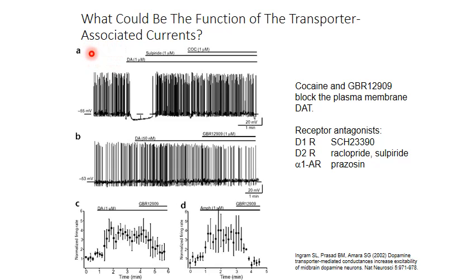One blocks the D2 receptors with sulpiride. The action potential firing is restored, and it's actually a higher frequency than it was initially. And that high frequency is blocked if one adds cocaine to block the transporter.